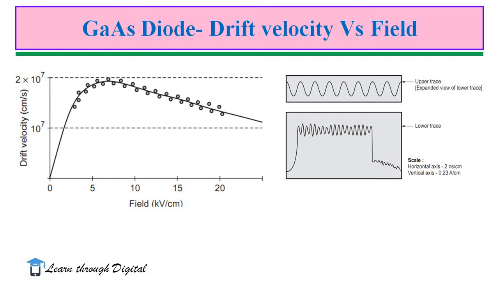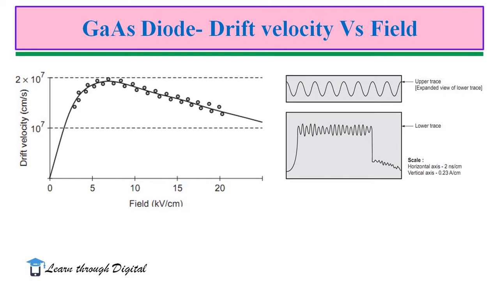In the gallium arsenide specimen, this fluctuation is in the form of periodic oscillations superimposed upon the pulse current. The frequency of oscillation is determined mainly by the specimen, not by the external circuit. The period of oscillation was inversely proportional to the specimen length and closely equal to the transit time of electron between the electrodes.